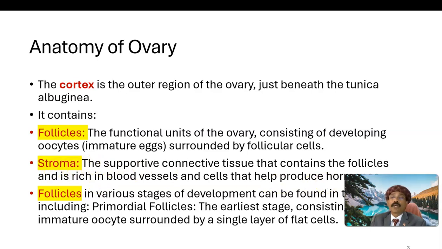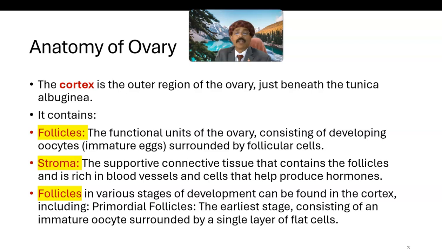Stroma, the supportive connective tissue that contains the follicles and is rich in blood vessels and cells that help produce hormones. Follicles of various stages of development can be found in the cortex, including the primordial follicle, the early stage consisting of an immature oocyte surrounded by a single layer of flat cells.